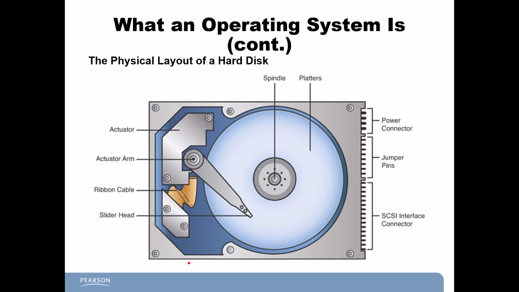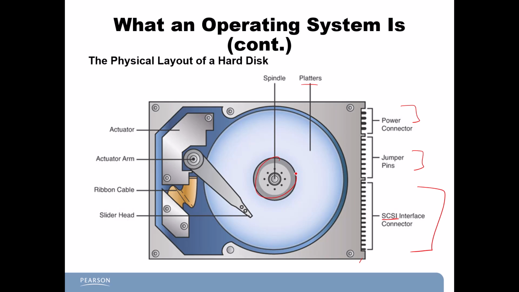Here's the physical layout of a mechanical drive, one of many types. We have power, we have jumpers, and we have some type of interface. This is a dated photo because it's using a traditional SCSI adapter, but general physical disks are laid out the same way. We have platters, which are the actual metal disks.